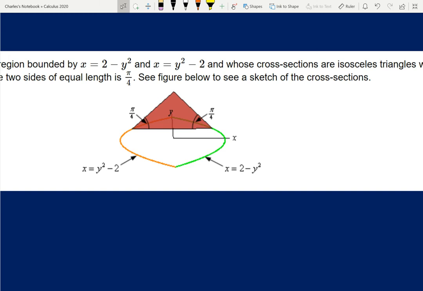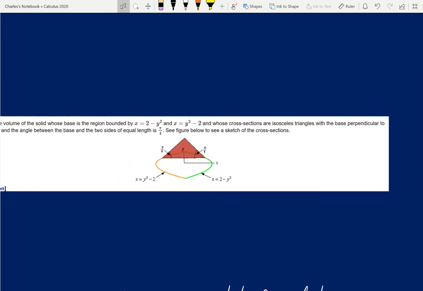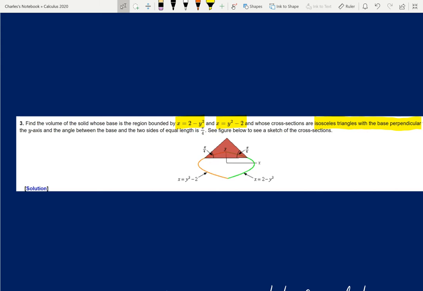Here's an example where you're given a region bounded by x equals 2 minus y squared and x equals y squared minus 2. And those are both parabolas, sideways-facing parabolas. And the cross sections are isosceles triangles with bases perpendicular to the y-axis, and the angle between the base and the two sides of equal length is pi over 4.